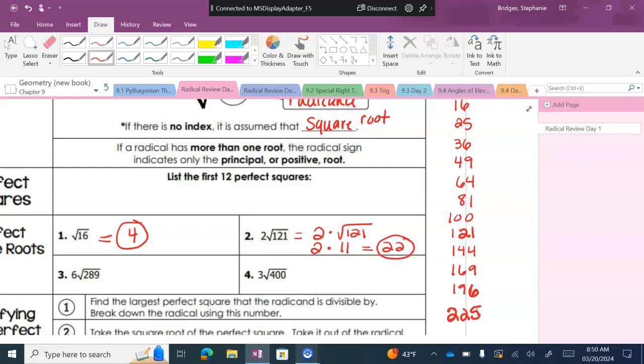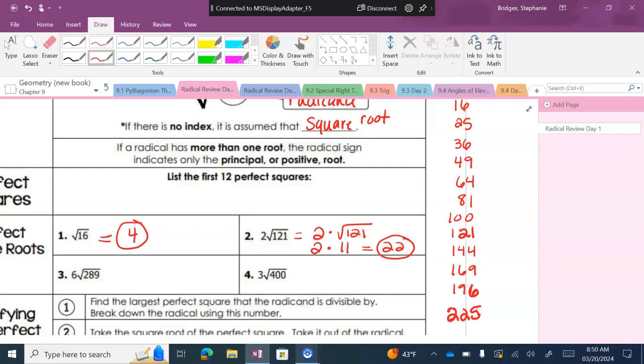All right, go ahead and try 3 and 4. Go ahead and do both 3 and 4.